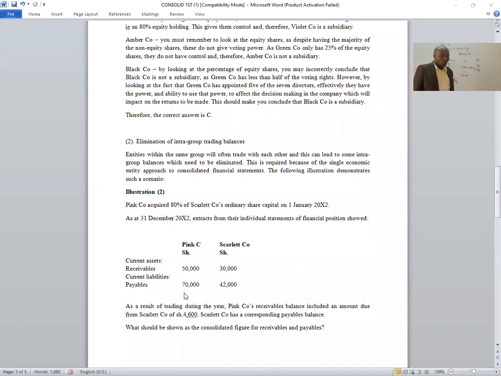As a result of trading during the year, Pink Company's receivables balance included an amount due from Scarlet Company of 4,600. Scarlet Company has a corresponding payables balance. What should be shown as the consolidated figure for receivables and the payables?